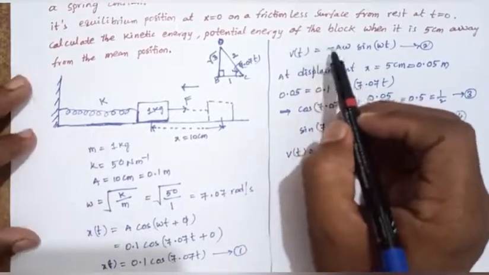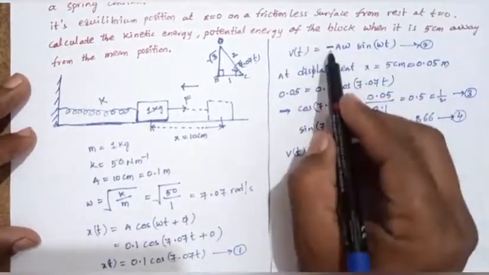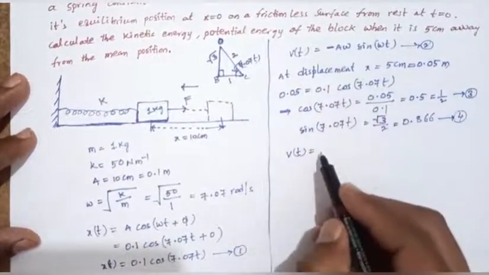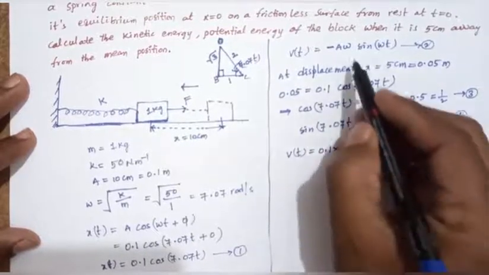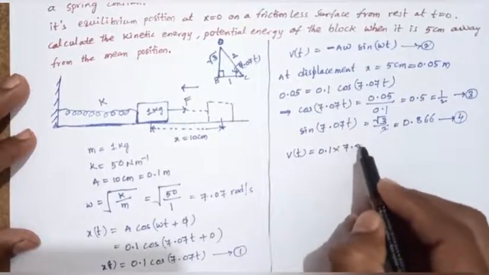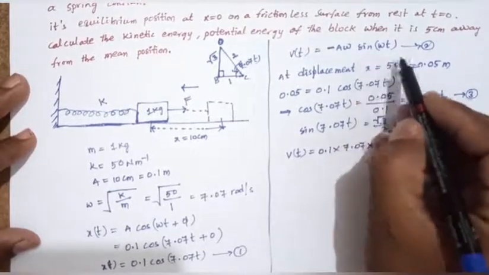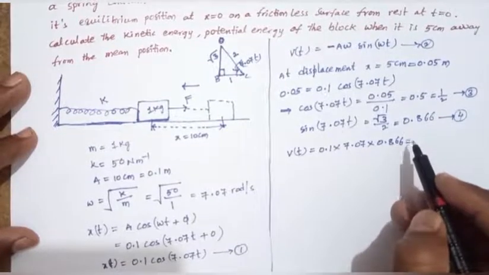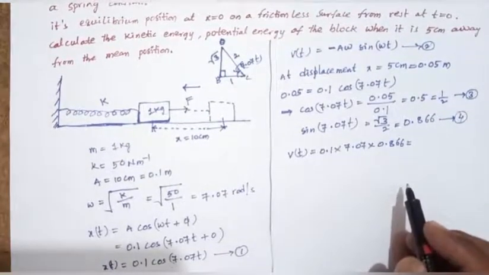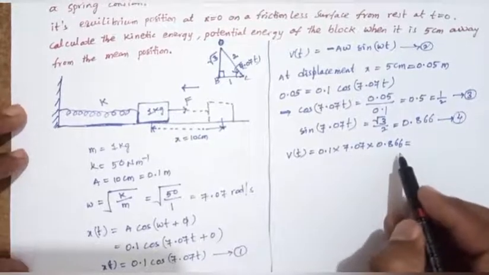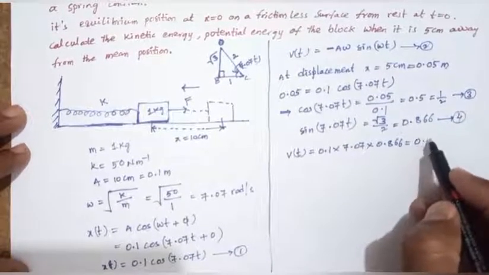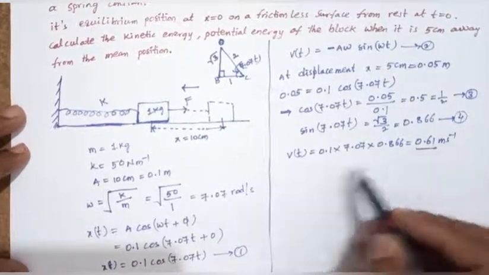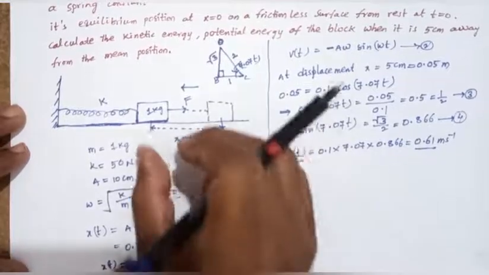We have taken the negative direction, so minus A omega. A is 0.1, into omega 7.07, into sin omega t, 0.866. We can calculate this value: 0.61 meter per second. So this is the velocity of the body.